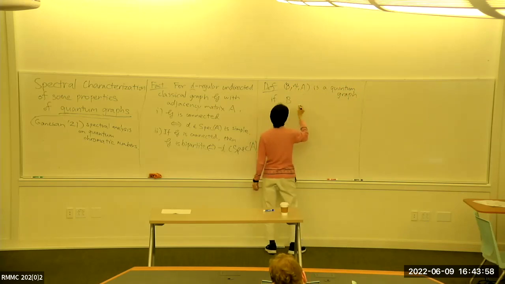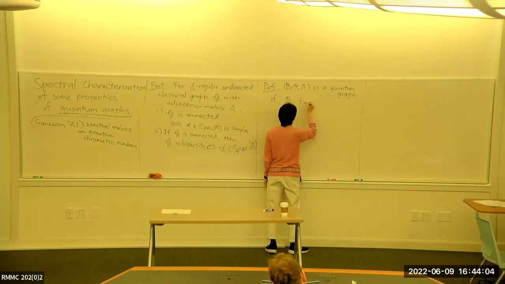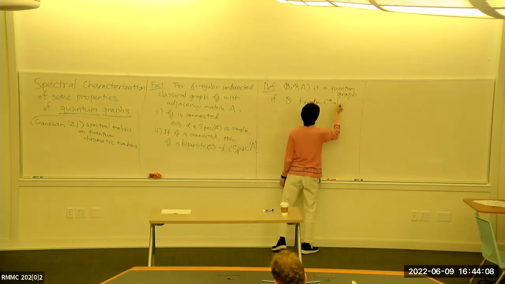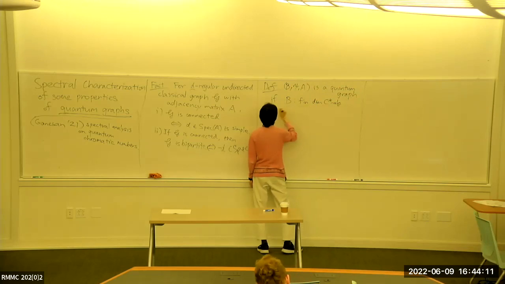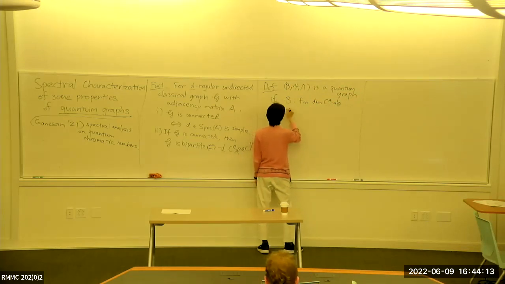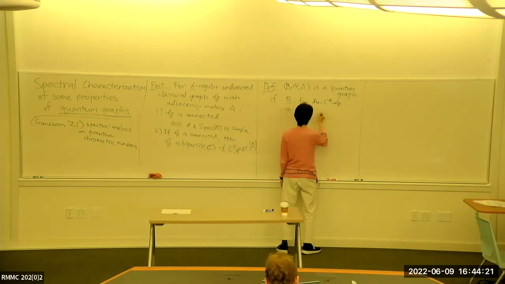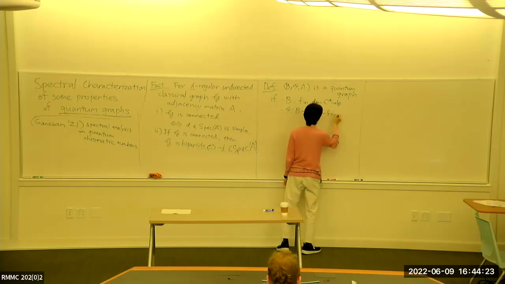A quantum graph is defined to be a triple consisting of a finite dimensional C*-algebra B and psi, that is a good state on B, a so-called delta-form.